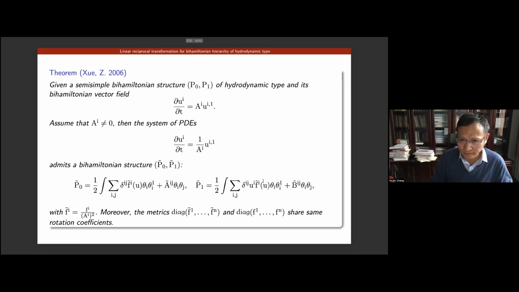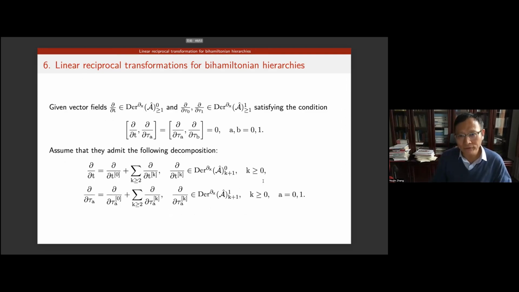We considered the hydrodynamic type case, and for a general bihamiltonian structure with dispersion terms, we can consider it in this way. We are given two evolutionary vector fields in the spatial derivation. Then we have the bihamiltonian structure given by the superflows d tau 0 and d tau 1, which are represented by two super degree 1 derivations.